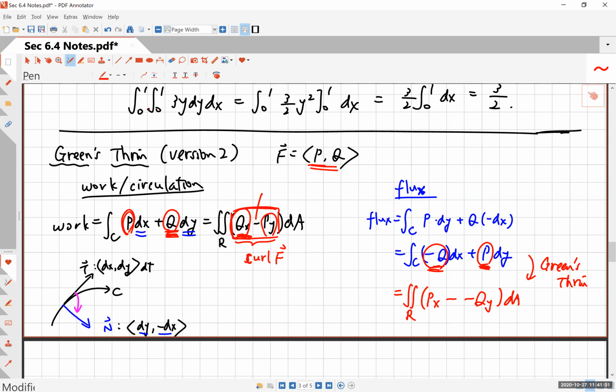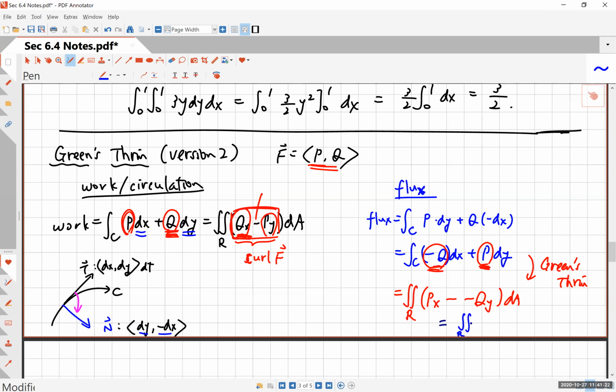But watch what happens here. You have the double negative. Like, don't tell nobody that's double negative, right? And so double negative makes it positive. And so here is the flux integral according to Green's theorem. This is called the second part of Green's theorem, the flux version of Green's theorem.